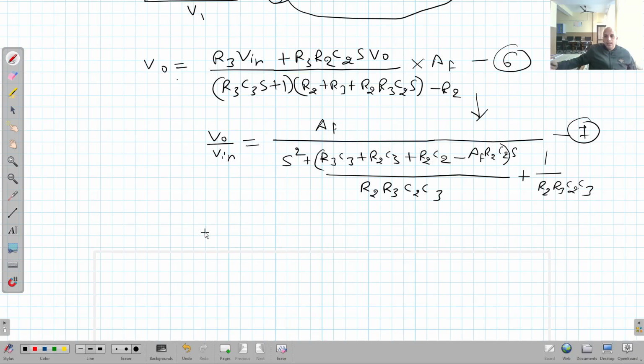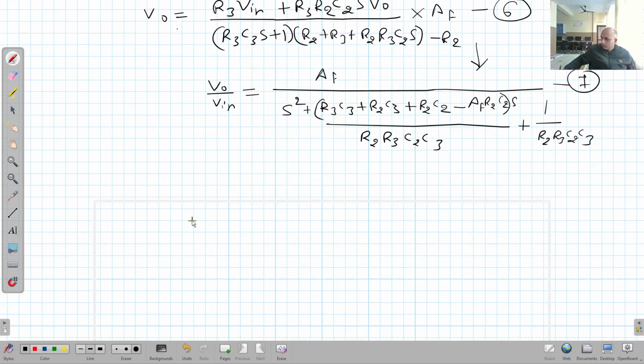Now I can write this equation V output upon V input is equal to AF upon S square plus 2 zeta omega n S plus omega n square, clear.